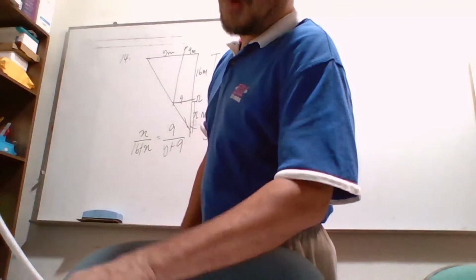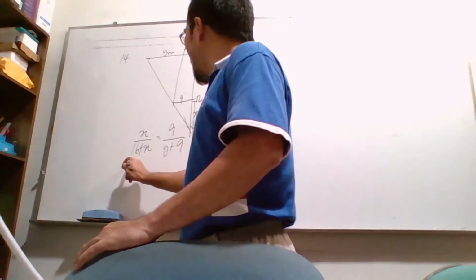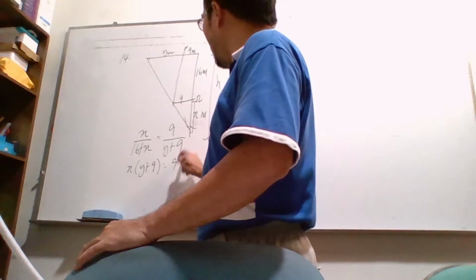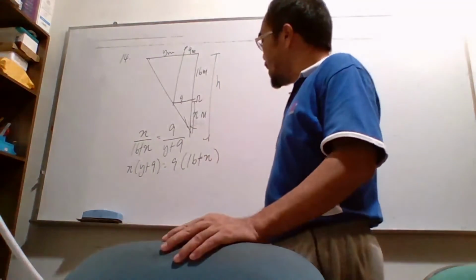And then you have to express y in terms of x. Make y the subject. First, you multiply. x multiplied with y plus 9 equals 9 multiplied with 16 plus x.